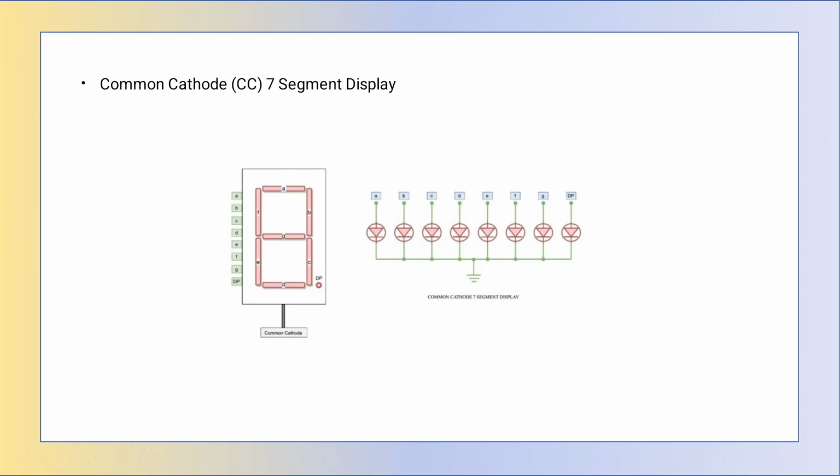So this is the logic diagram: when it glows, the output is 1; when it is off, the output is 0. So this is common anode and common cathode.